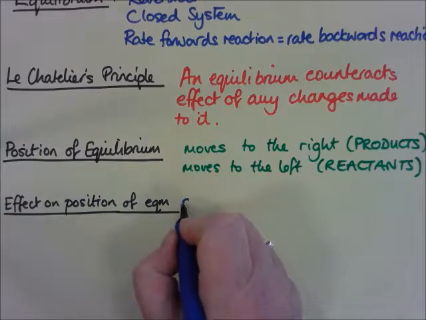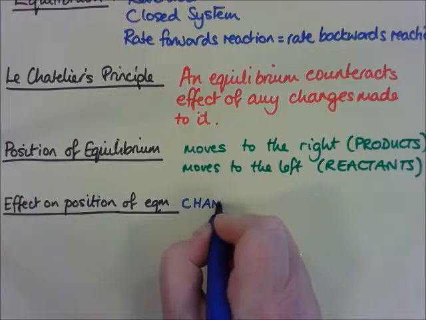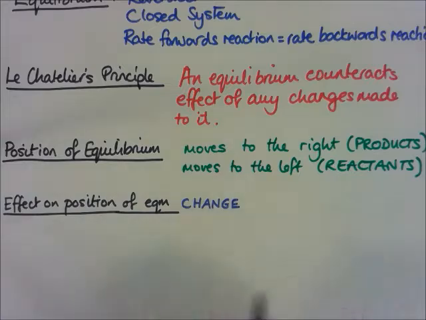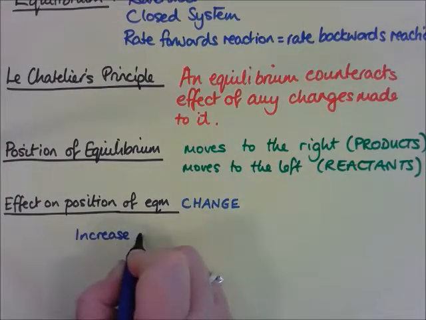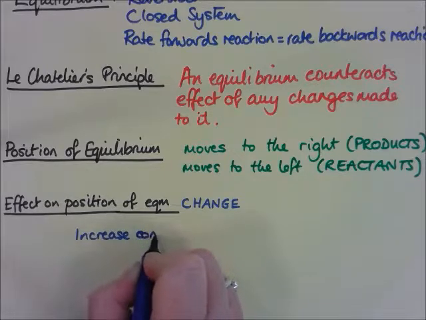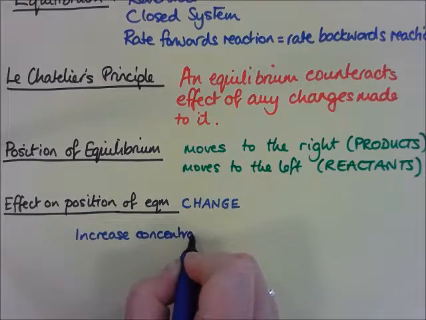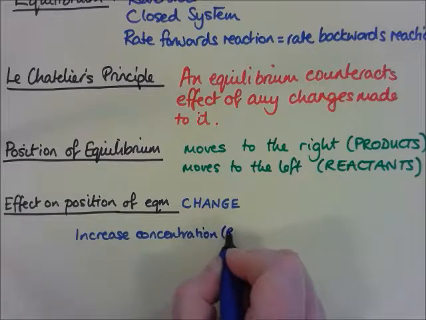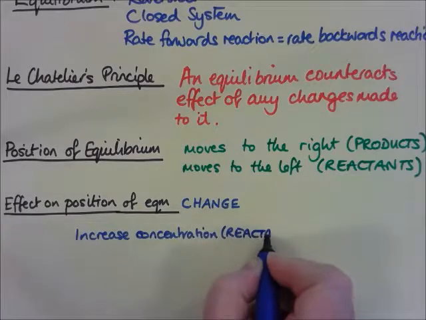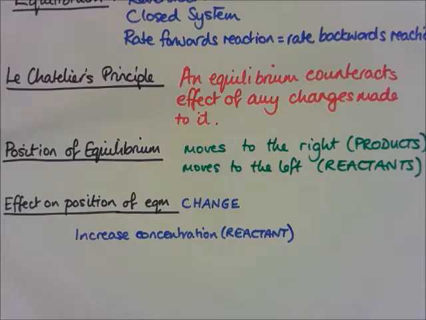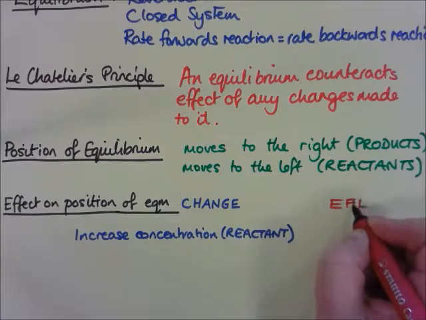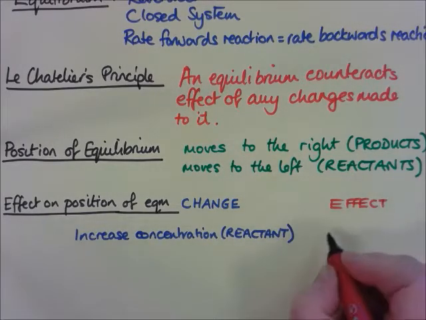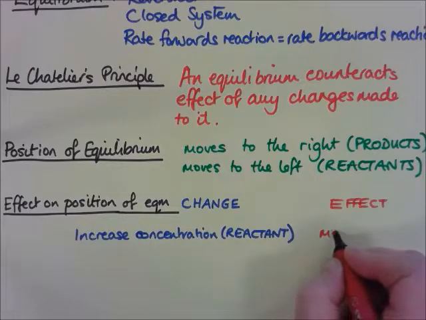So if the change is increase concentration of reactant, that means the equilibrium is going to try and reduce that concentration, and the way in which that happens is to move the position to the right.